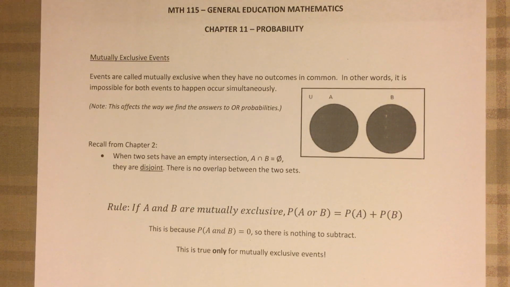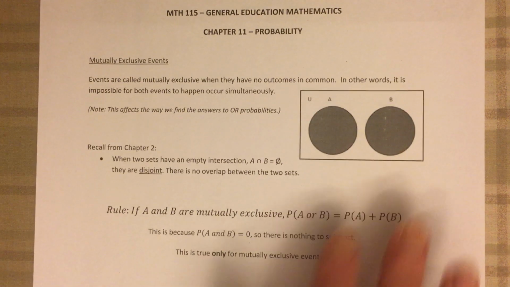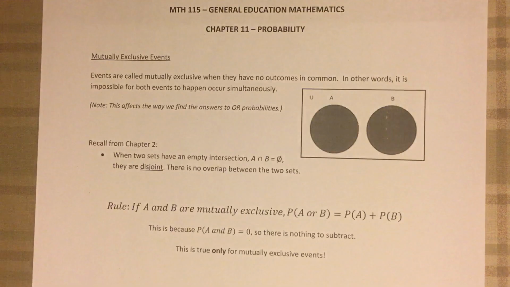Again, tying this back to our set theory that we talked about in the last chapter, mutually exclusive events can also be thought of as events that are disjoint. It's impossible to be both. You're either in set A or set B, but there is no overlap. Their intersection is the empty set. These are disjoint sets. Disjoint and mutually exclusive mean the same thing.